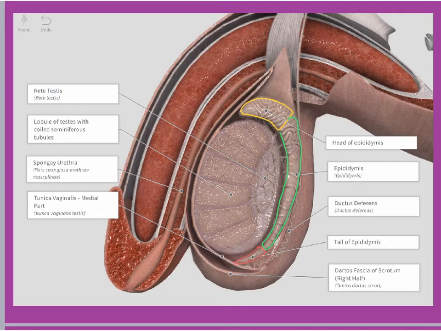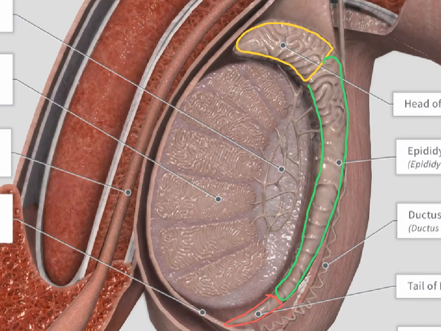Remember, sperm are going to be made inside these seminiferous tubules, right? And eventually those sperm get transferred to this network that you see here, a structure called the rete testes.